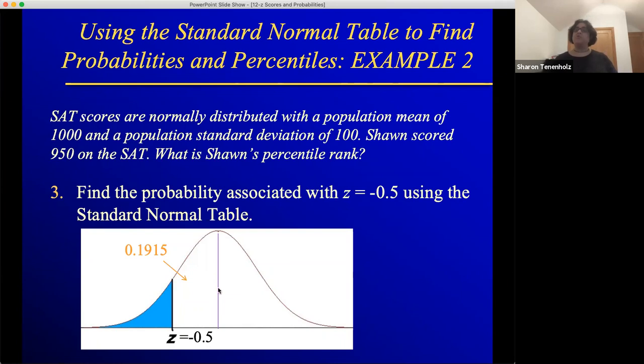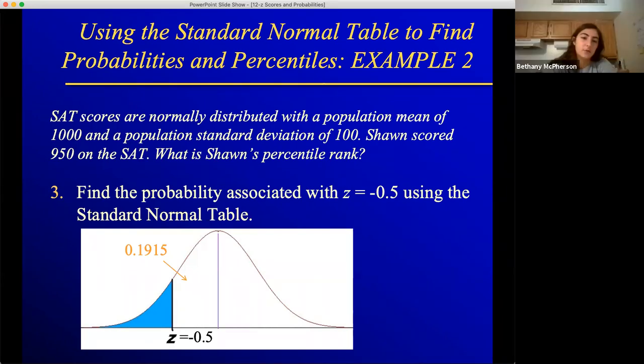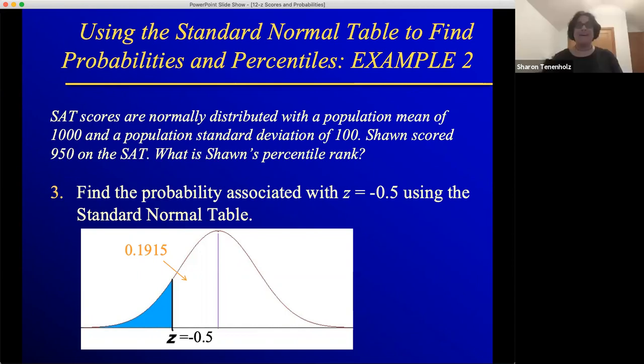So what could we do here in order to figure out the area below a z of negative 0.5? And I'm going to ask for somebody other than Sarah to take a crack at this. We can do 50% minus 19.15%. So 0.5 minus 0.1915. Good. So this entire half of the curve, once again, is 0.5.